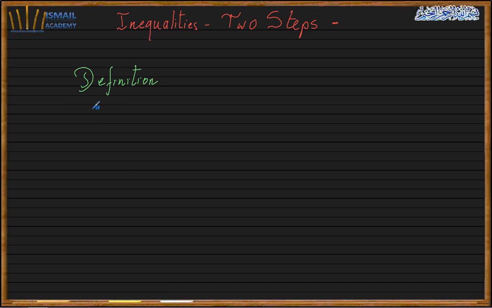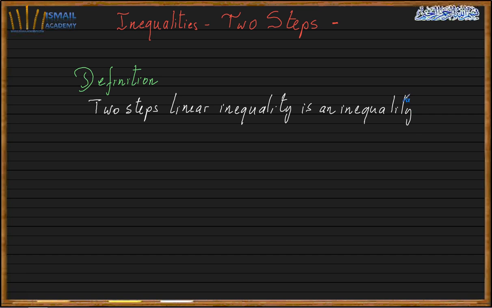So a two-step linear inequality is an inequality defined by one of the following.